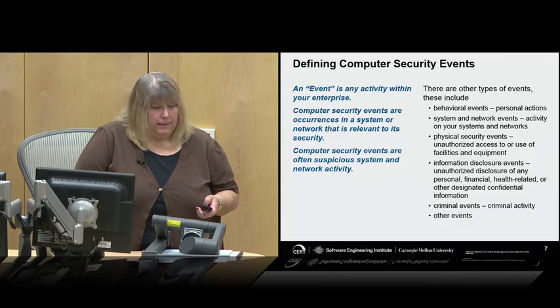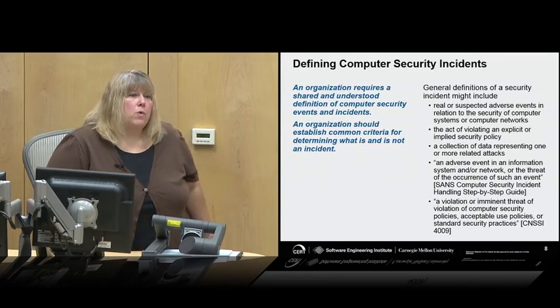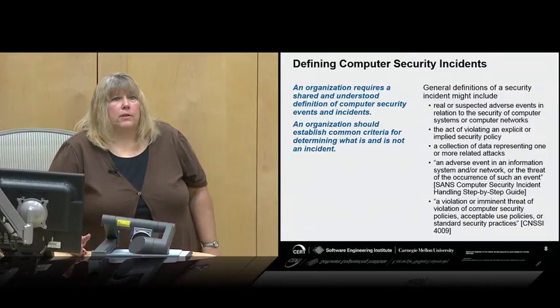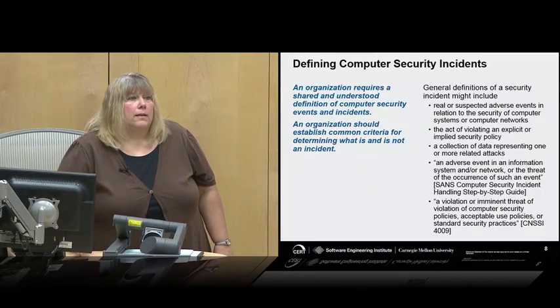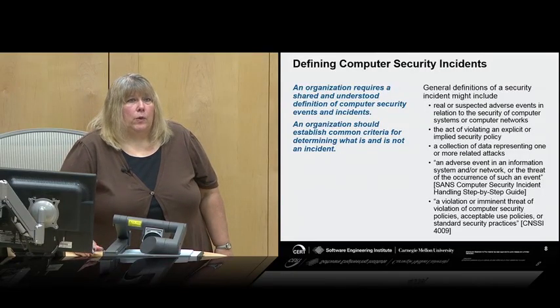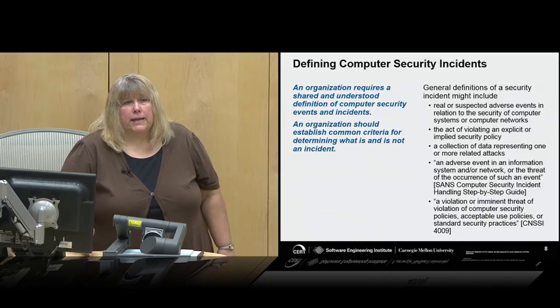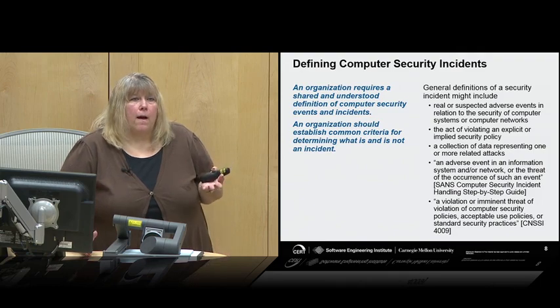So we move on to the definition of computer security incidents, and many organizations have many different types of definitions that they use. The important thing within your own organization is to ensure that you've got a standard definition, a standard criteria, and a standard set of threshold for when you say these events have now become an incident that we need to do something about.